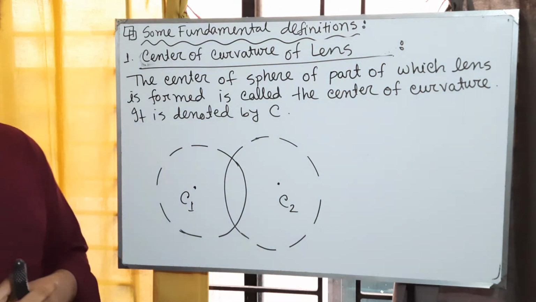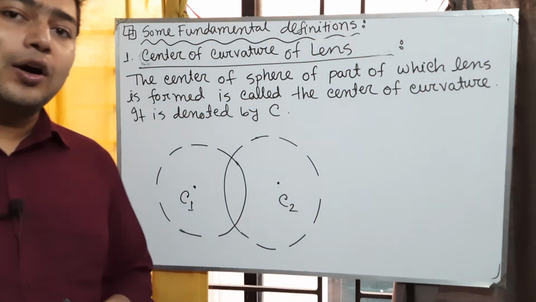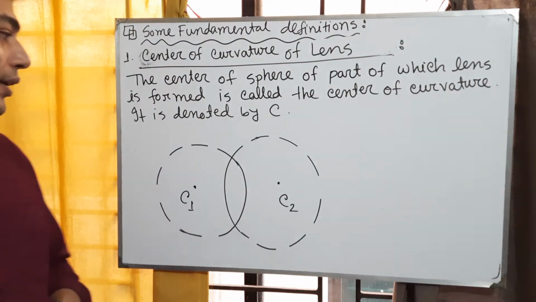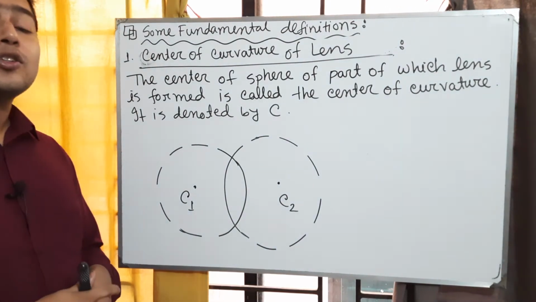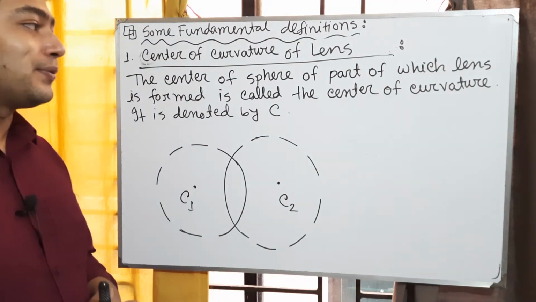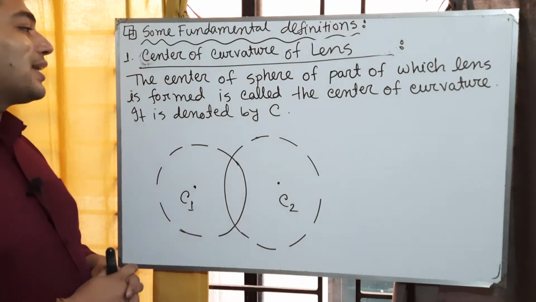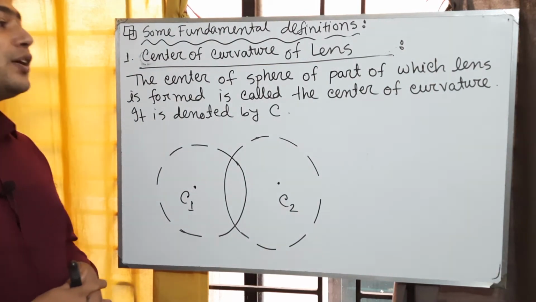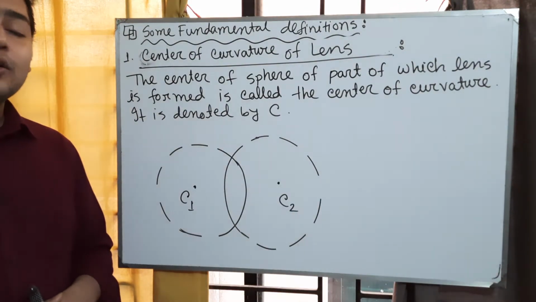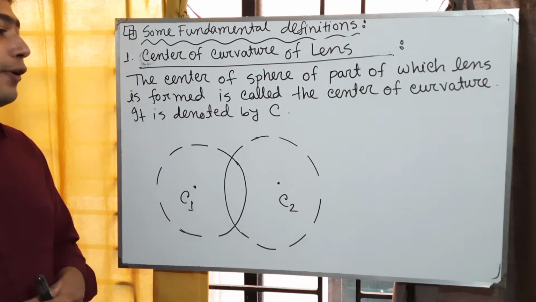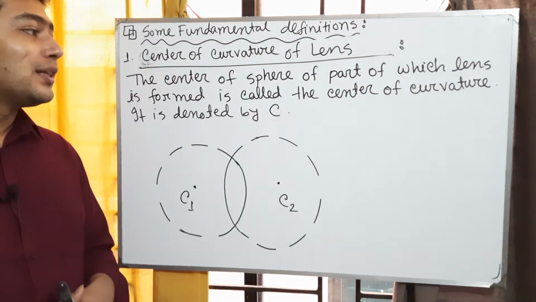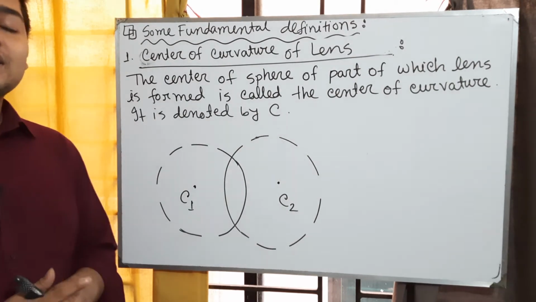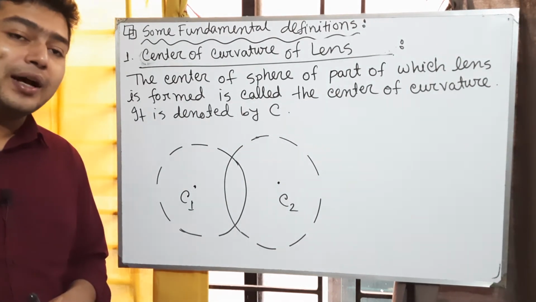We know that the lens is made of two spherical surfaces. The center of the sphere, part of which the lens is formed from, is called the center of curvature. Usually the center of curvature is denoted by C.